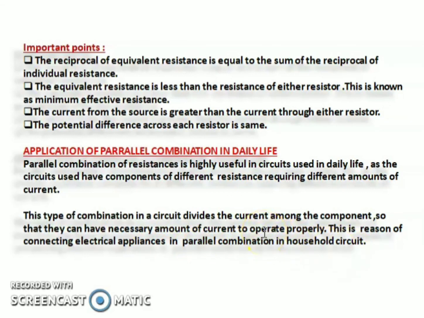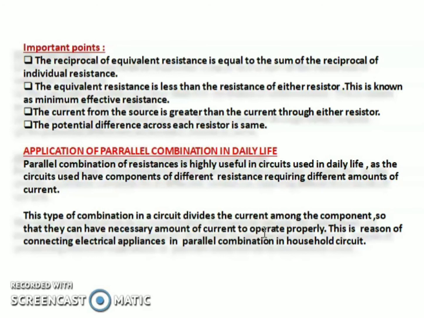You can see that in a house, the connections are in parallel. In one particular room the connection may be in series, but for the whole house the connections are in parallel. So if you have any fault in a room circuit, what happens? The room lights will be switched off, not the other rooms, because of the parallel connections.